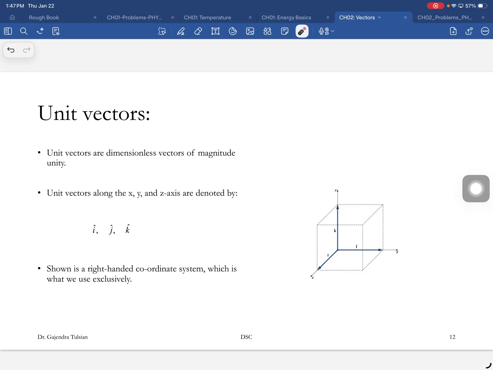All right, so i, j, k, here in the right-handed coordinate system. These unit vectors are very special. So again, here's the vector written in component form. This is the x component, that's the y component. Those are the unit vectors. Now, in 2 dimensions, how many numbers do you need to specify the vector? 2 numbers.